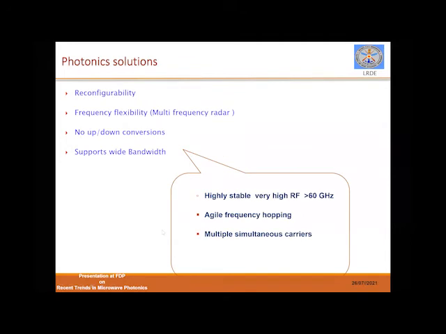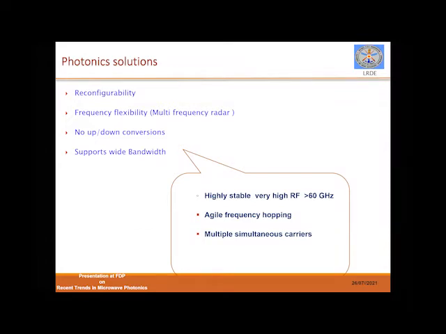And again, frequency flexibility and reconfigurability, I'll explain this so that you will understand. Suppose I'm using a photonic method for generating RF signals, the same components can be used for the generation of signals up to say 40 gigahertz or beyond that. The only limitation is the bandwidth of certain components. Anyway, when I show you the block diagram, I will explain to you.